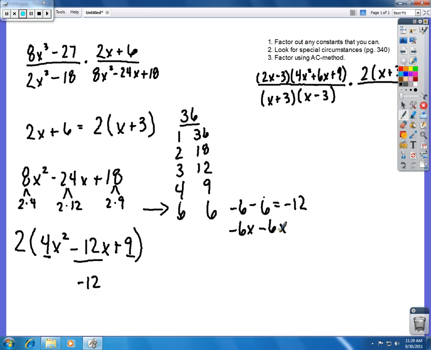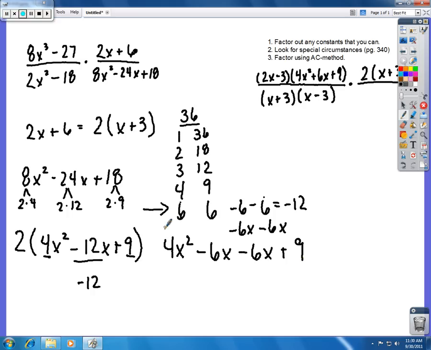So I'm going to rewrite what I have in the parentheses here as 4x squared, and again, I'm ignoring the 2 for now. We'll add it back on at the end. So I've got 4x squared minus 6x minus another 6x plus 9. Now, what's the point of doing that? Well, it allows us to factor by grouping.